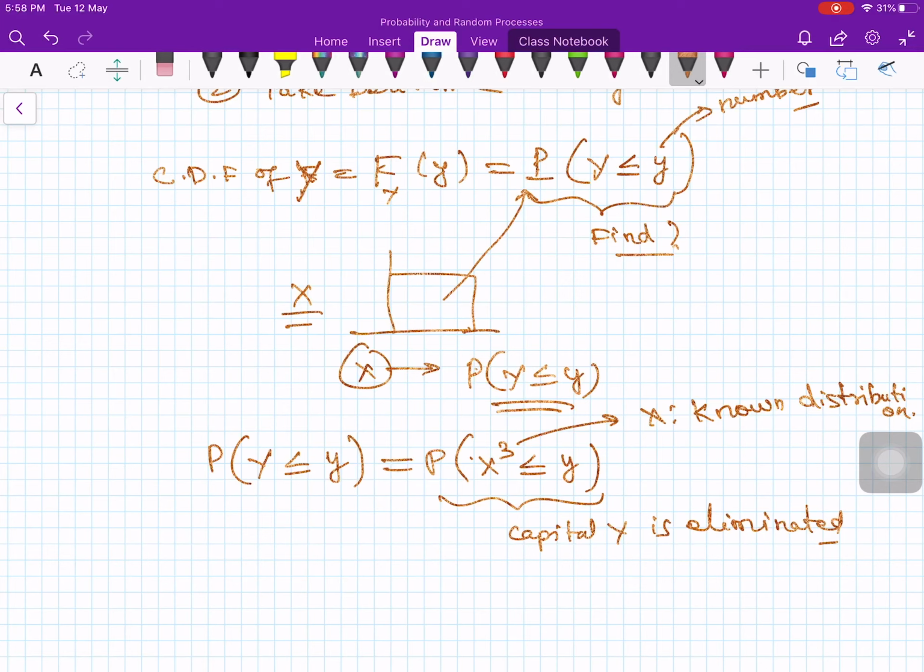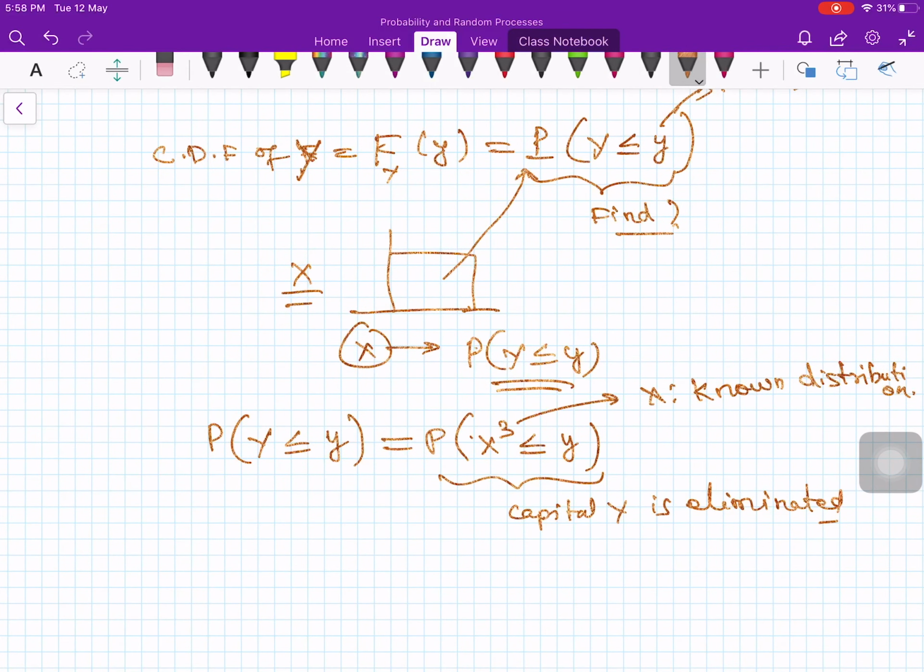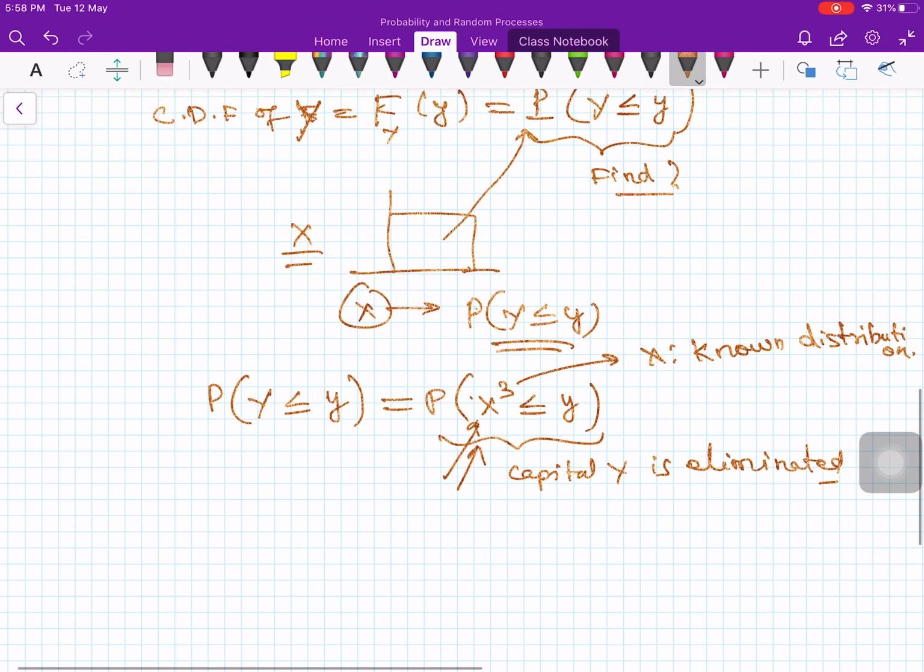We want to calculate the probability of some event. What is that event? P of Y less than or equal to small y, that is, P of x cubed less than or equal to small y. We massage that expression so that it involves capital X directly, because we have the distribution of capital X. Instead of x cubed, we want x alone.